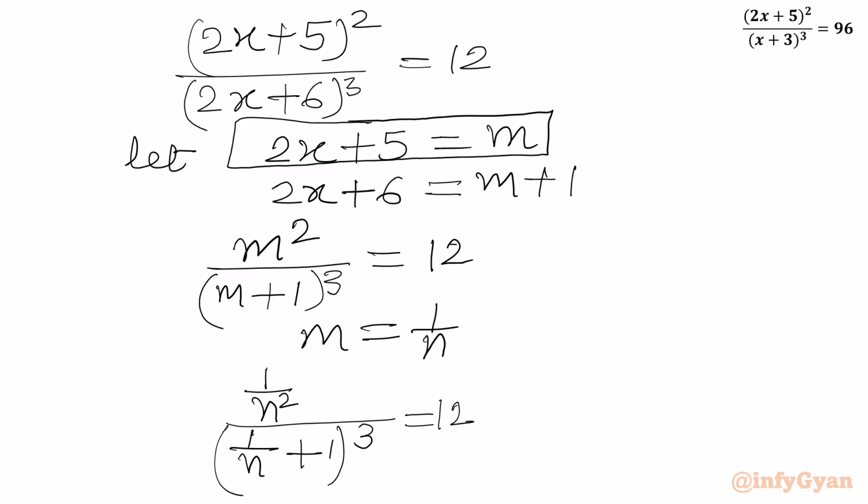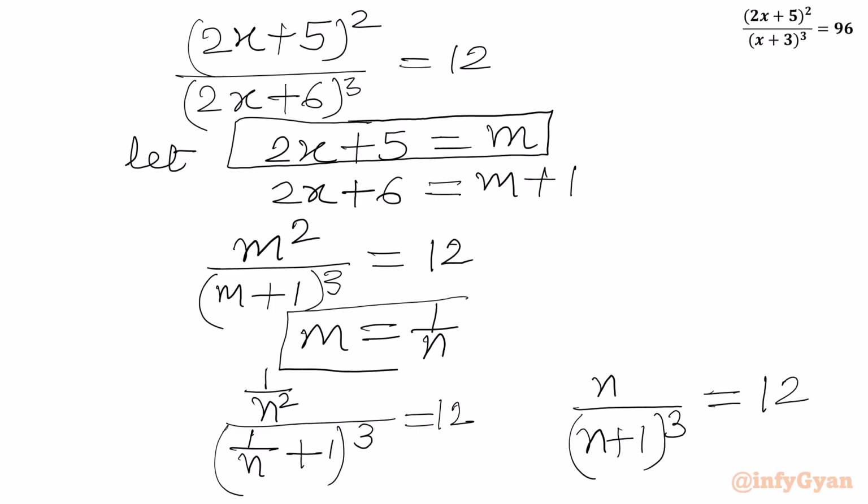Now we will take LCM in the denominator and n³ will come up. So I will get numerator as n and denominator will be (n + 1)³ equal to 12. Remember, m was 1 over n. Now we have to solve this cubic equation.